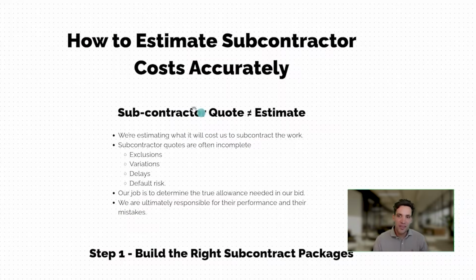So the first thing I want to start with is a quote a subcontractor sends you is not an estimate. They are fundamentally different. Yes, to accurately estimate subcontractor costs, you do need subcontractor quotes, but if all you're doing is plugging your subcontractor quotes into your estimates, you are leaving yourself very exposed.